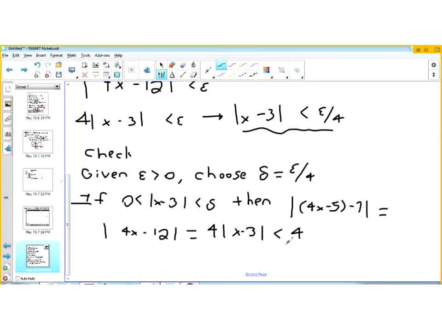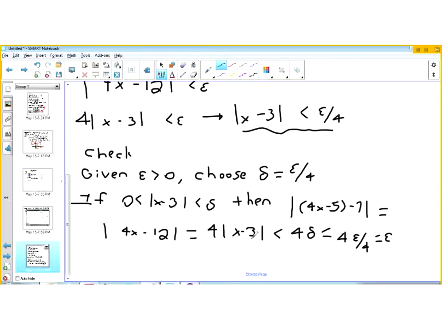We know that the absolute value of x minus 3 is less than delta, and our choice for delta was epsilon over 4. And so that's equal to epsilon.